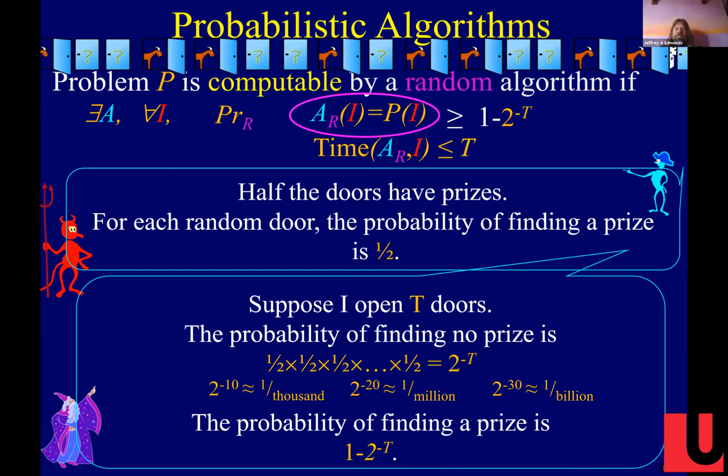If a 7th of the doors have a prize, then every time I choose a door, the probability I find a prize is 1 over 7. So the probability I don't find a prize is 6 over 7. Then we multiply 6 over 7 times 6 over 7 times 6 over 7, so we would get 6 over 7 raised to the power of t.